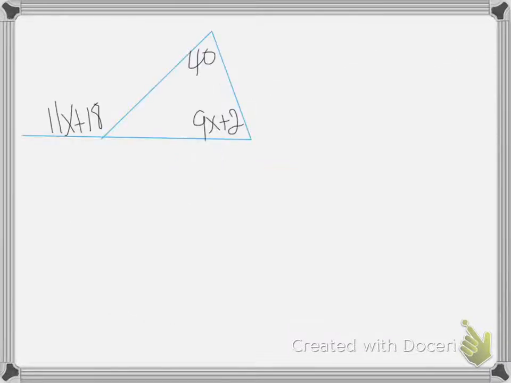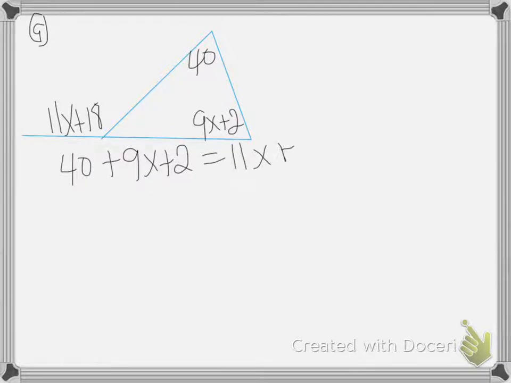Okay, this is your number 9. You set it up perfect, Emily. You almost had it right. 40 plus 9x plus 2 equals 11x plus 18.